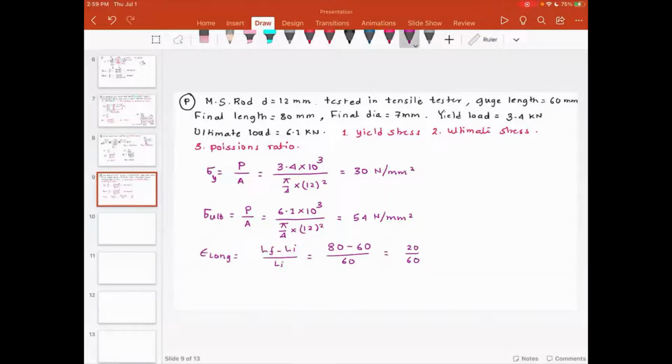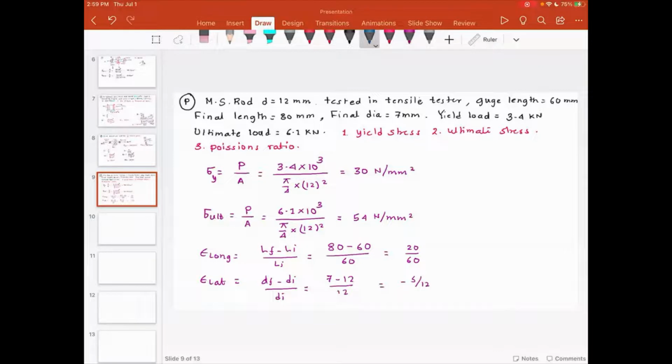If you look at the lateral strain, the final diameter is 7 millimeters, so df minus di divided by di, 7 minus 12 divided by 12, which is minus 5 divided by 12.